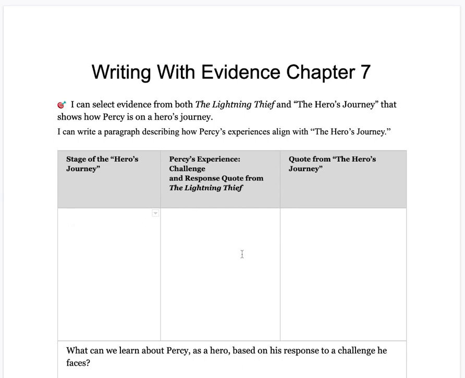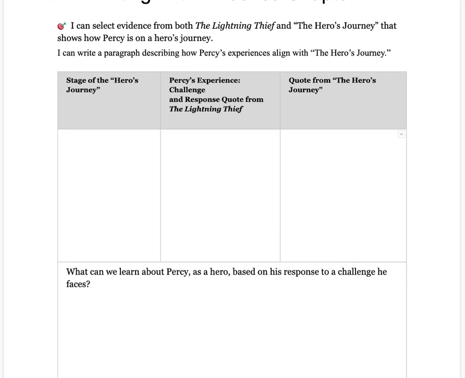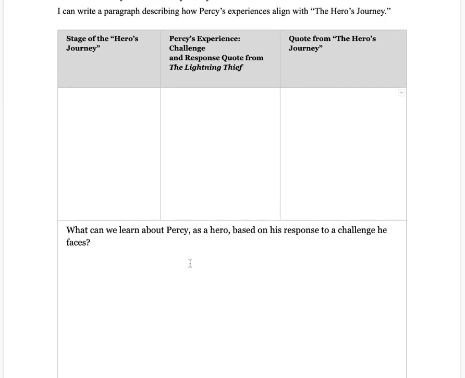And then you're going to choose one experience from The Lightning Thief and match it with that stage of the hero's journey. And you're going to gather evidence and a quote to help you support your claim that he fits into that stage in this area. And then you're going to pull a quote from the hero's journey and put it here. That's going to help you gather that evidence as well. And that's going to help you write the paragraph.